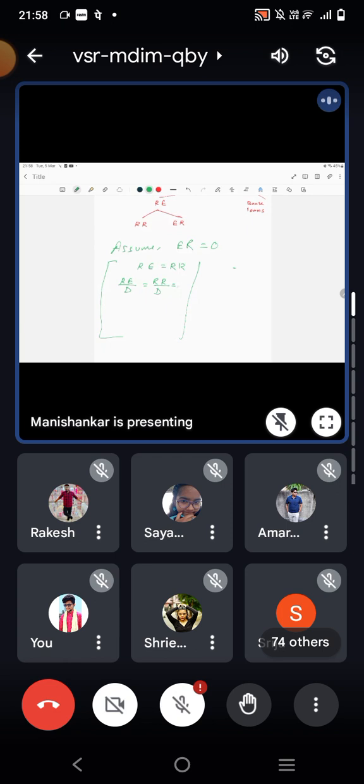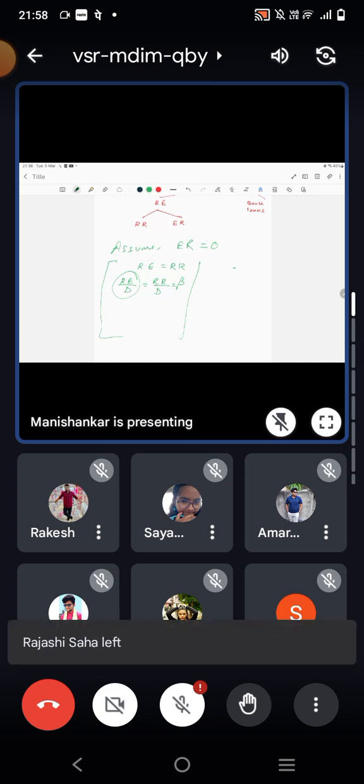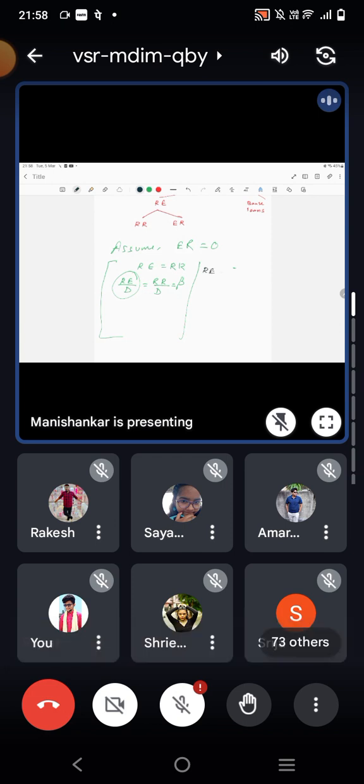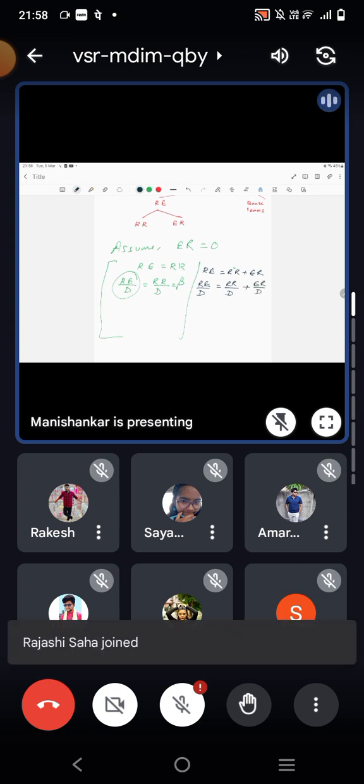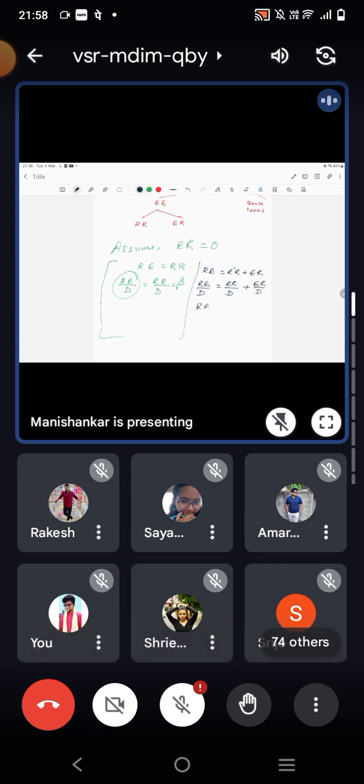That value is beta. But when your reserve equals required reserve plus excess reserve, your reserve deposit ratio becomes required reserve by deposit plus excess reserve by deposit. So your reserve deposit ratio equals beta plus gamma.